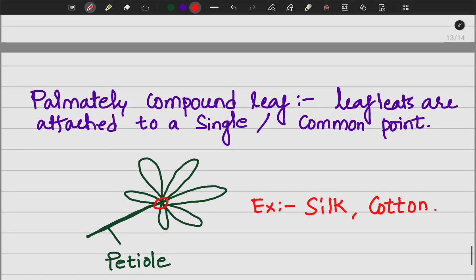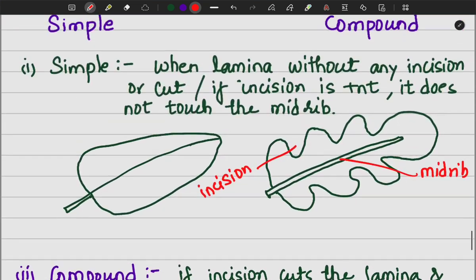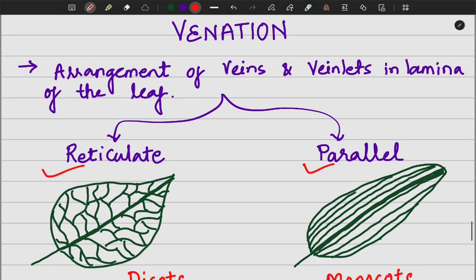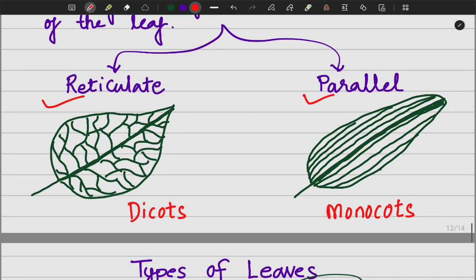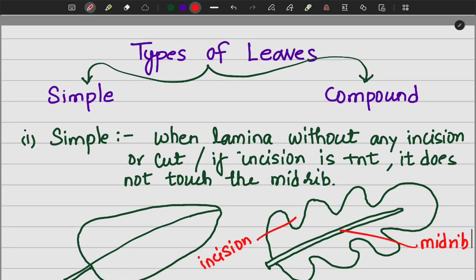So I hope the whole concept is clear about the venation and the types of leaf. Venation is the arrangement of veins and veinlets in the lamina. Depending on the arrangement, we can divide the leaves into reticulate and parallel venation types. Reticulate venation is found in dicots, parallel venation is found in monocots. Then if we talk about types of leaves, there are two types, simple and compound.